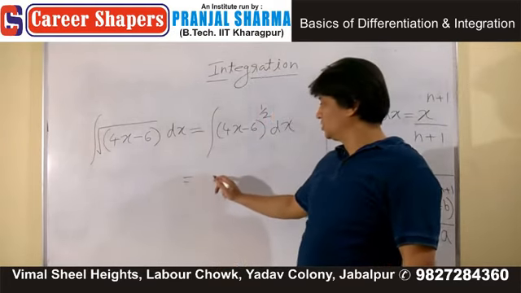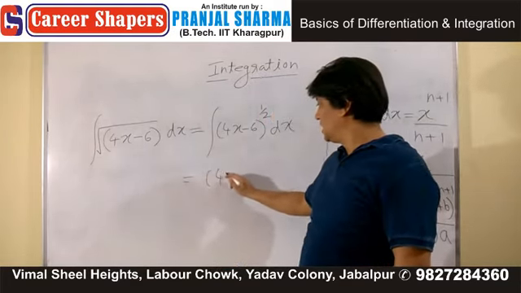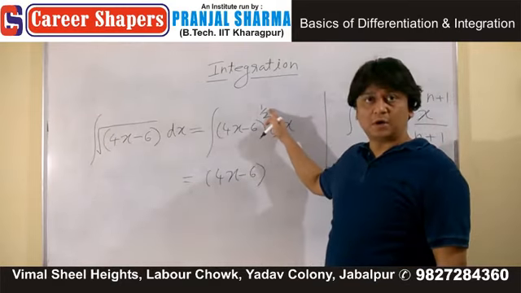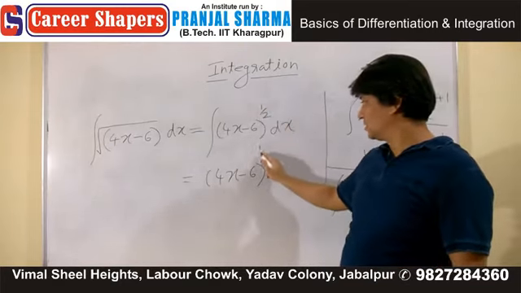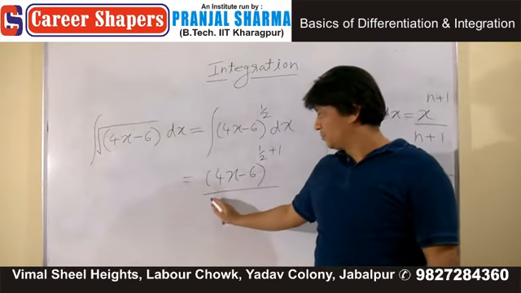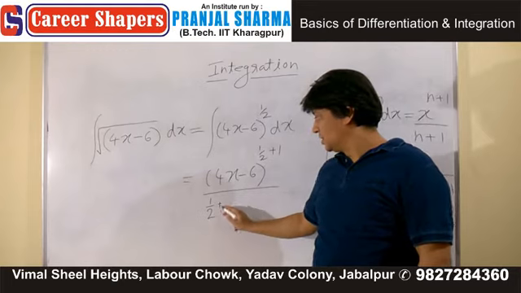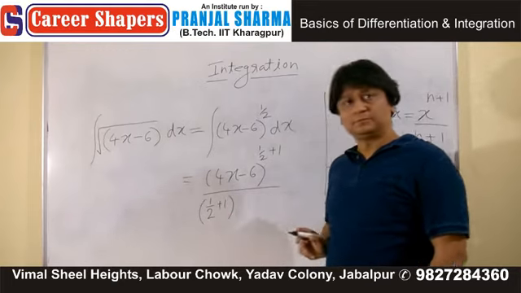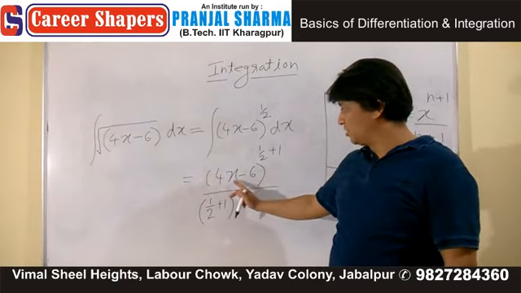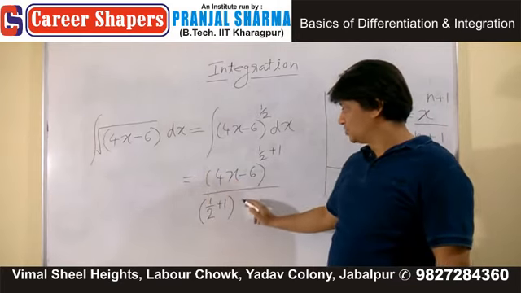What is the integration? 4x minus 6 power plus 1 divided by power plus 1, and then divide the whole thing with coefficient of x, which is 4.